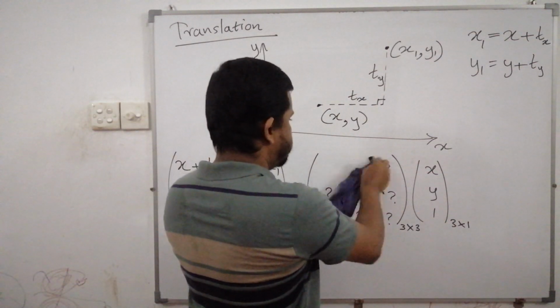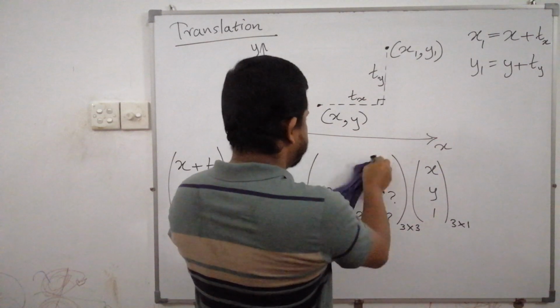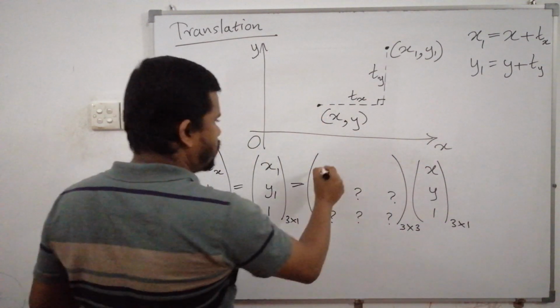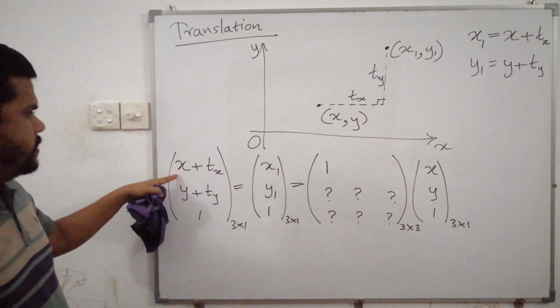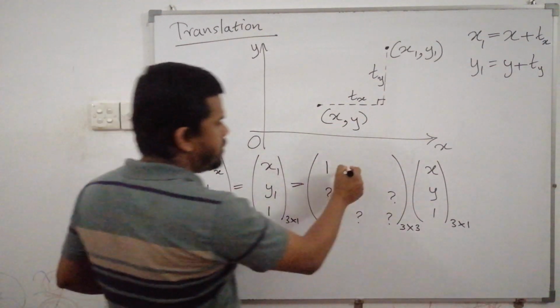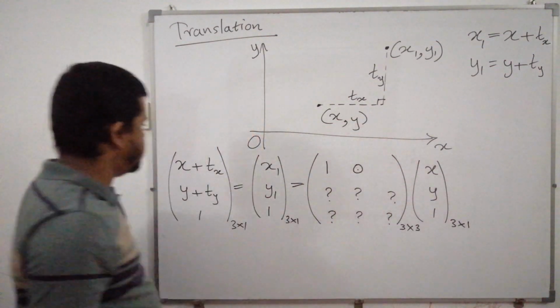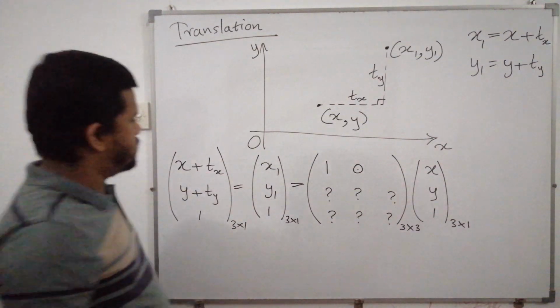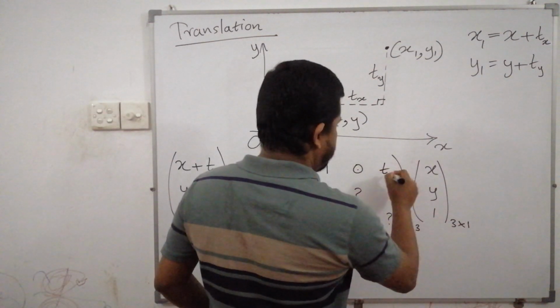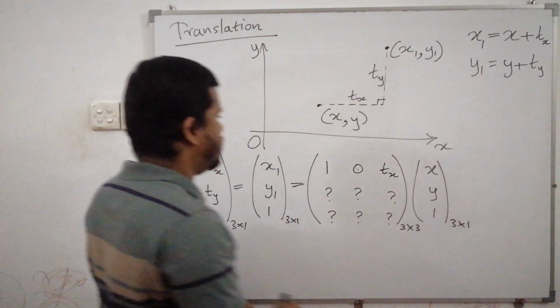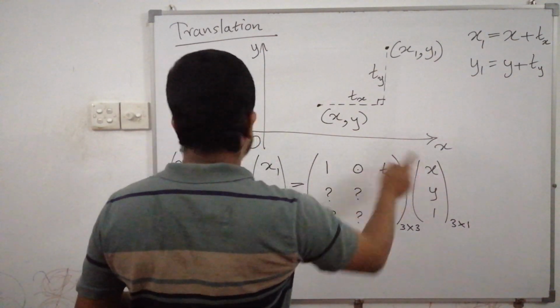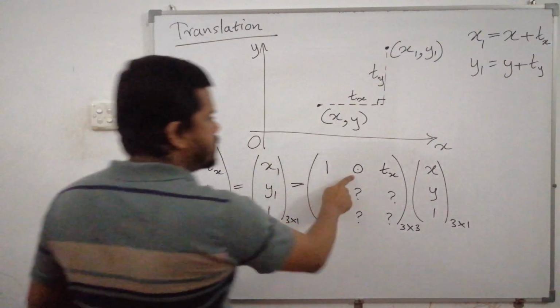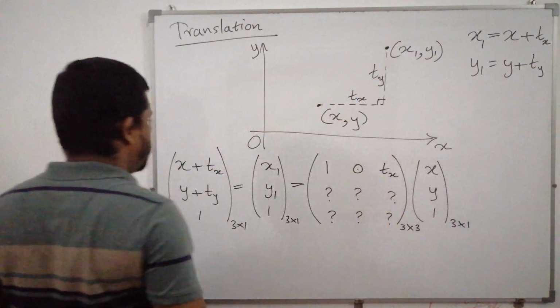Therefore, if we put 1 into x, we can get x. No y terms here. Therefore, this element is 0. Tx. Let's put tx here, then what happens? If we multiply 1 into x, we get x. 0 into y, 0.